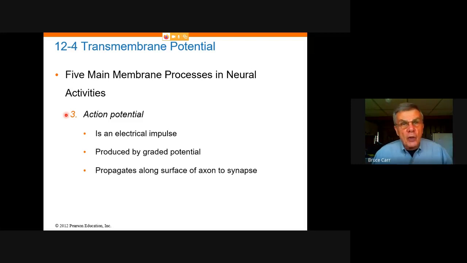This is an electrical impulse because it causes a change in the neuronal membrane. That membrane change is going to produce a tremendous change in the membrane all along the surface of the cell from axon to synapse. And once it gets established, once you cross the threshold, it's going to depolarize, meaning it's going to cause this change in electrical character from one end of the cell to the other.